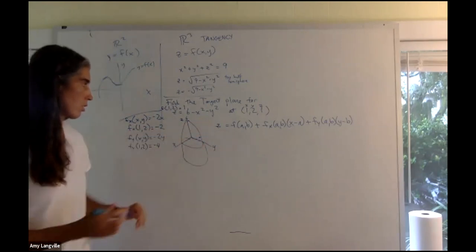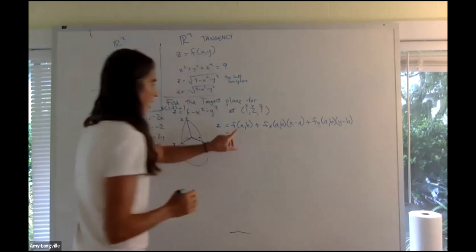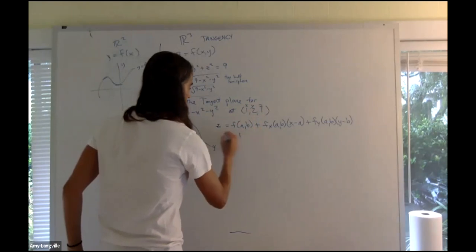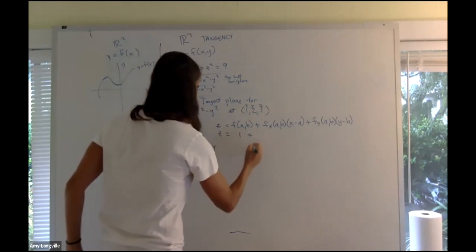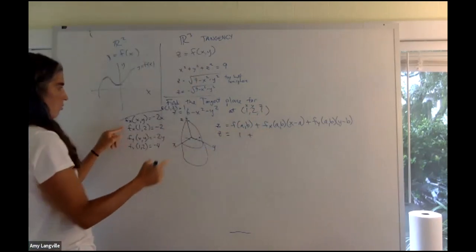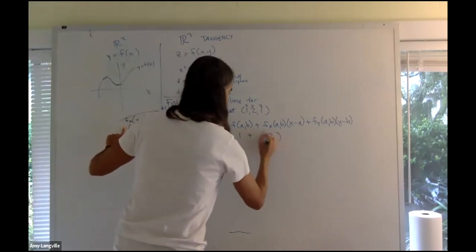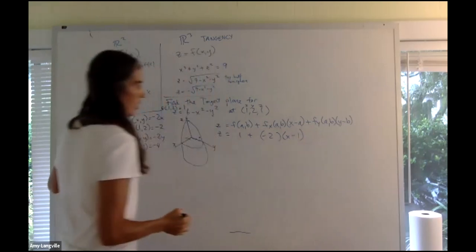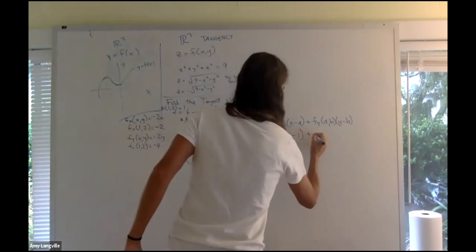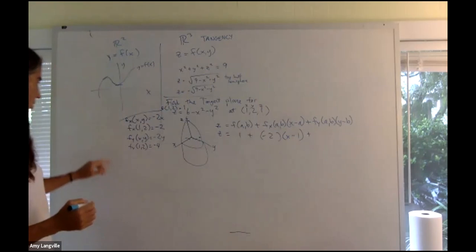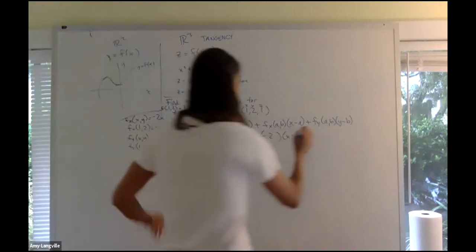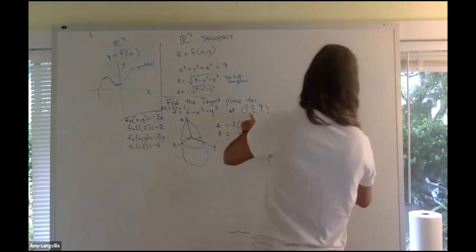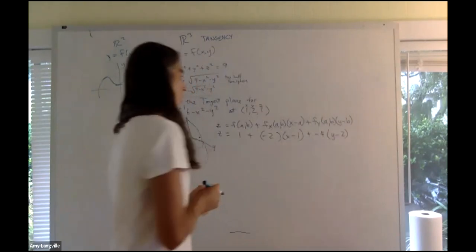this boxed formula. We already figured out f of (1, 2) was 1, and we plugged in here, so we have 1. Z is going to be 1 plus f sub x at (1, 2), we got minus 2, times x minus 1, that's our a value, plus f sub y at the point (1, 2), which was minus 4, times y minus the point of tangency, the y value of the point of tangency was 2.